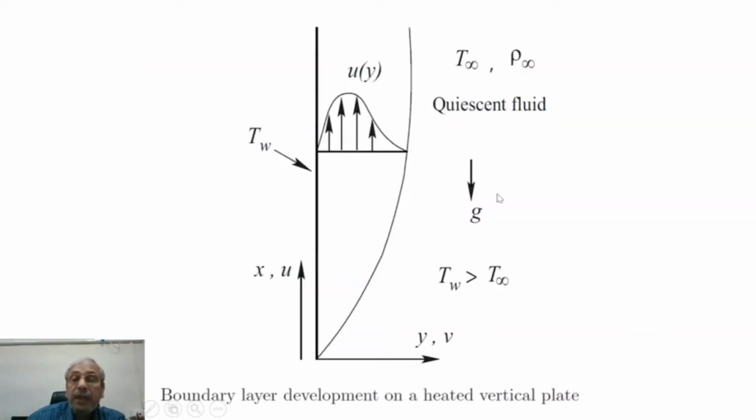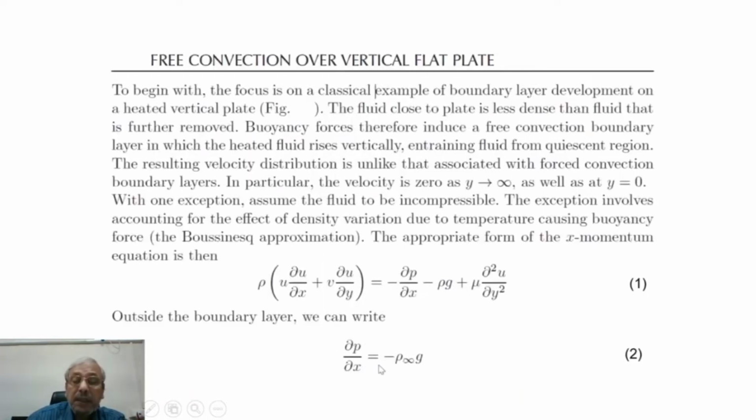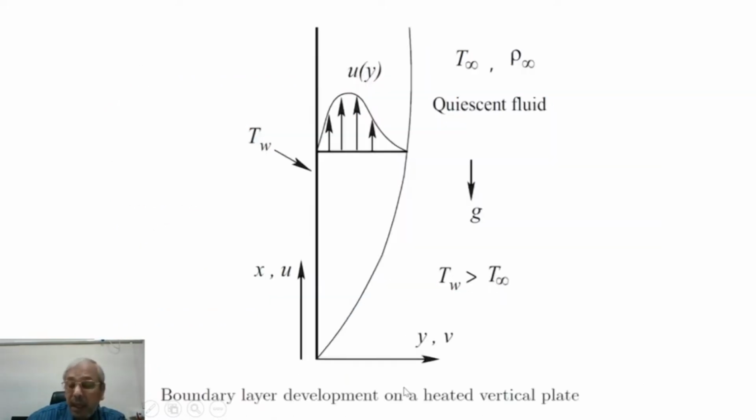This is the hydrostatic equation. That means pressure equals rho infinity times g times h, or the height in the flow direction. So this del p del x is the pressure gradient coming from hydrostatics outside the boundary layer.